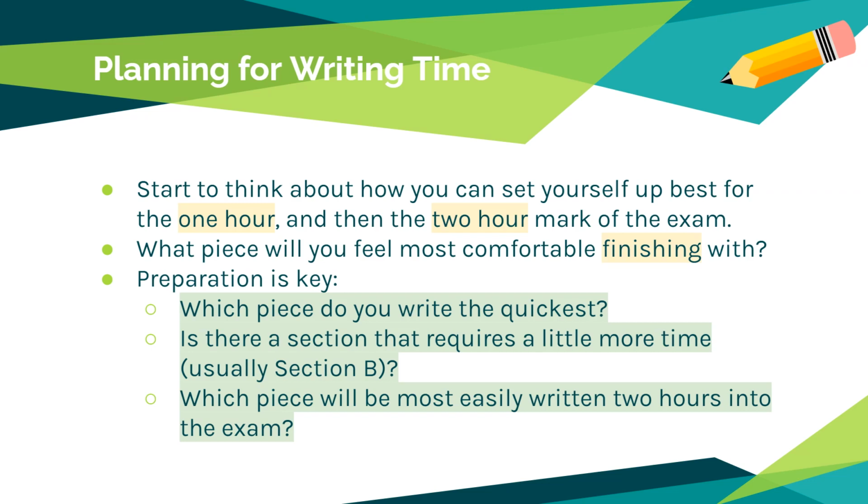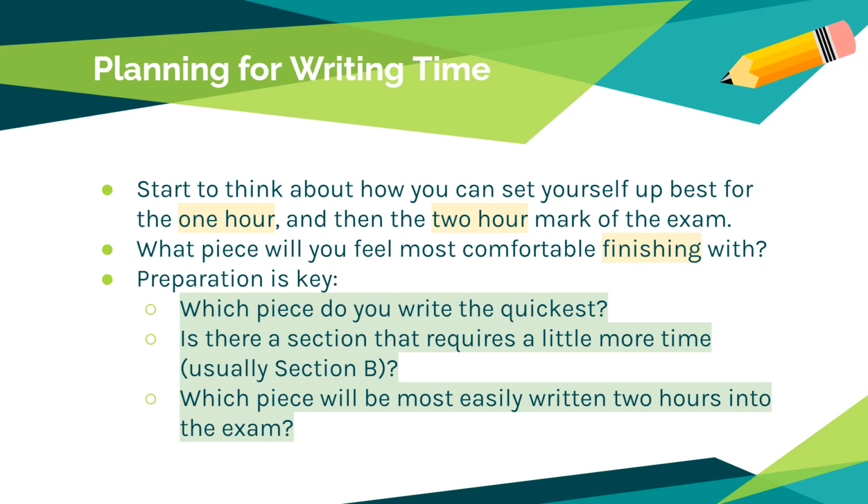Which piece do you write the quickest? Let's say you feel like Section A, your Station 11 essay, is the essay that you can write in the least amount of time, the quickest essay that you can write. If that is the case, then in terms of the 3 hours writing time, you logically should go CBA.